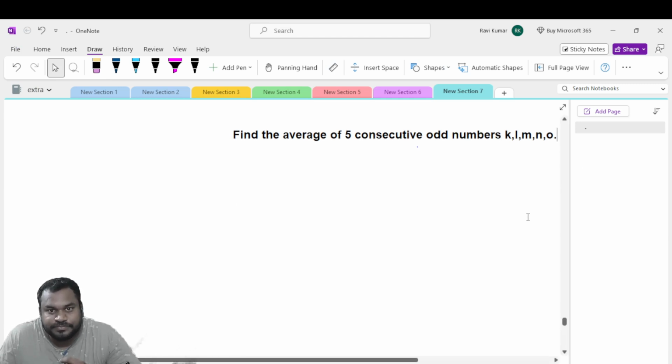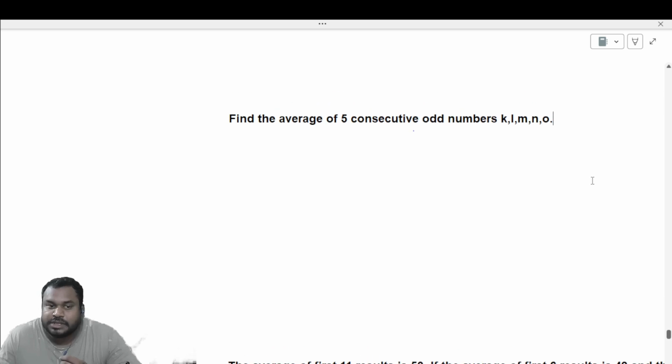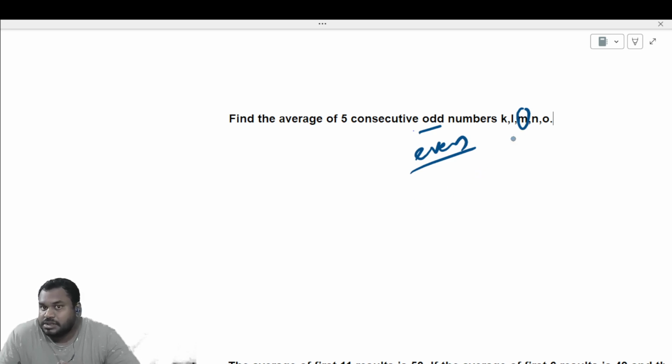For consecutive odd numbers, their average will become the middle term. I told you the shortcut for this. You take odd or even, anything, the average will become the middle term.